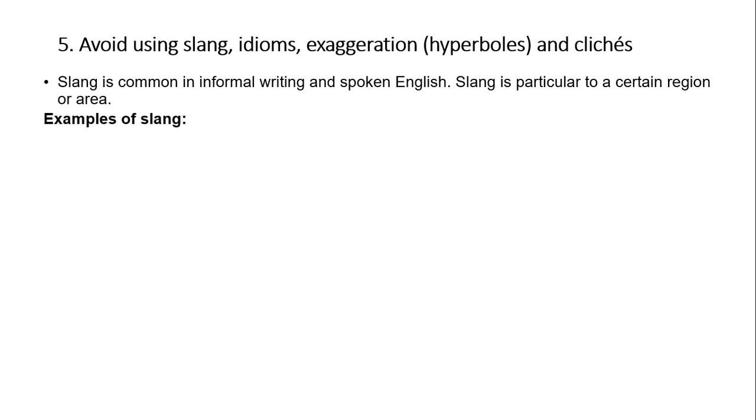Examples of slang: awesome, cool, okay, check it out, and in a nutshell. So, if magbuhat kag formal writing or formal letter, avoid nimo ang paggamit og these words nga mga slang.